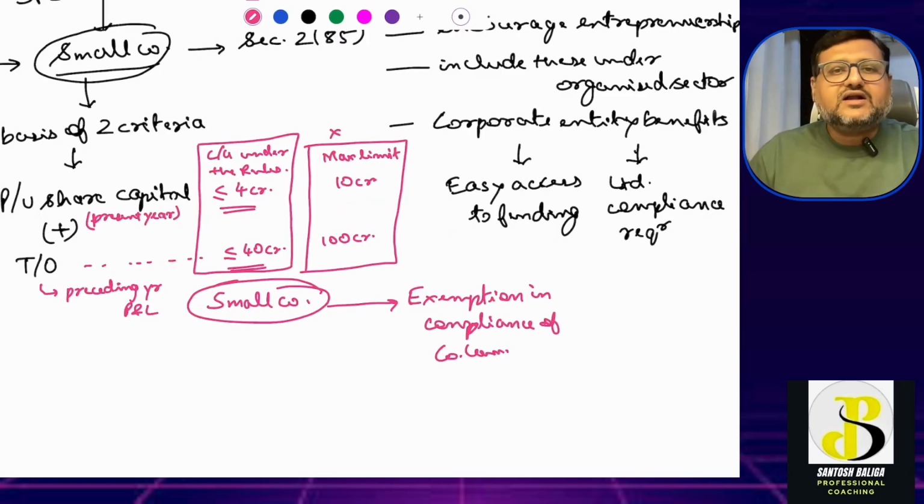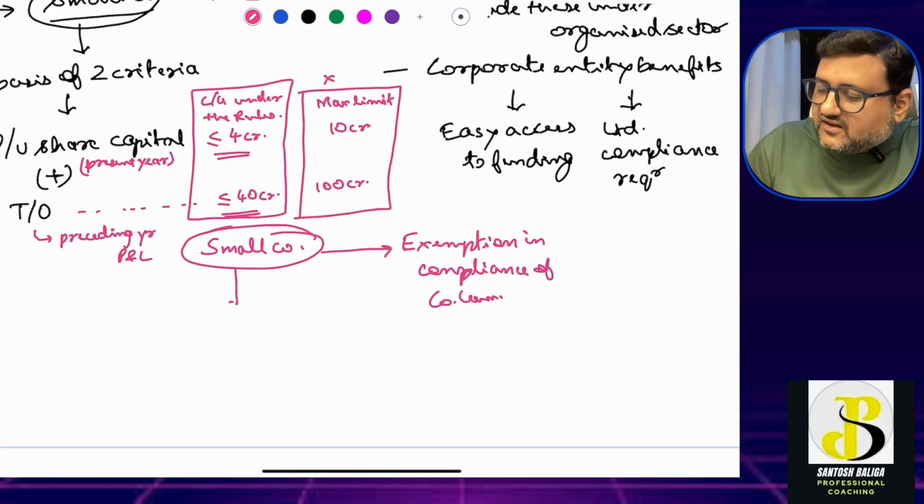Okay, but first of all, I would like to tell you that there are some companies which cannot be categorized as small company as per the definition itself. Let us understand which are these companies that cannot be small company.